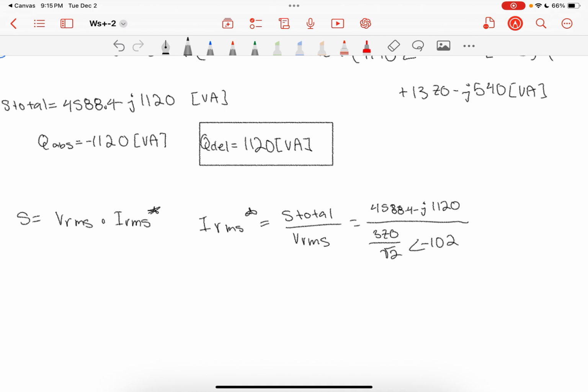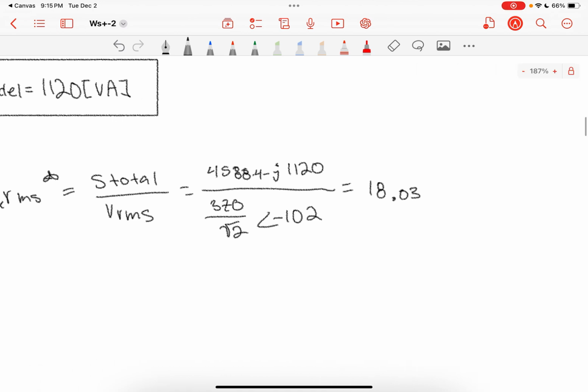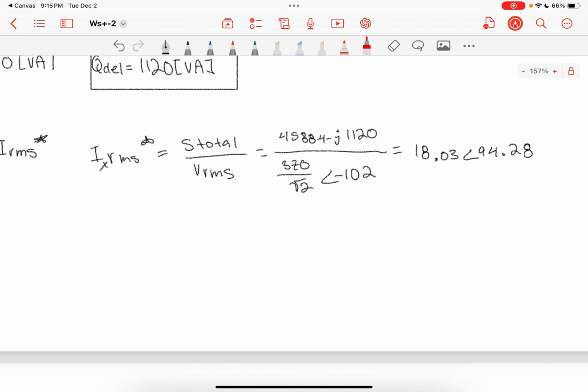And I'm just going to plug that into my calculator again. And we get the conjugate is equal to 18.03 with an angle of 94.28. Sorry, this is IXRMS. Now, since this is the conjugate and we need just regular RMS, I'm going to change the sign of the angle. So our IXRMS is going to be 18.03, angle negative 94.28.